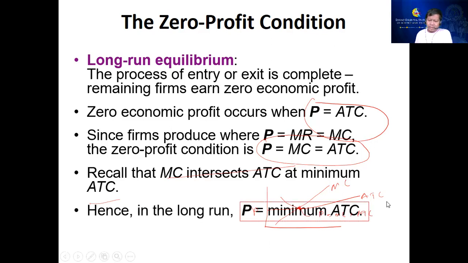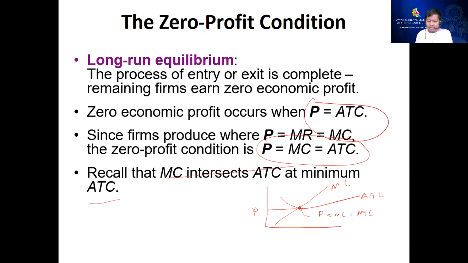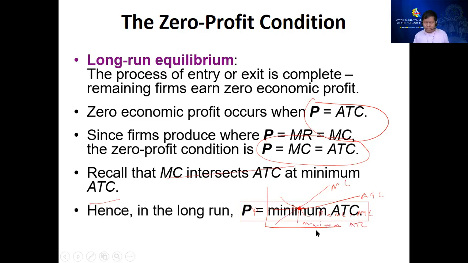Hence in the long run, the P equals minimum ATC, no? Balik ko kanina, in the long run, ang P equals minimum ATC. Minimum man sa ATC diri. Di ba, pinakababa sa ATC is minimum ATC. Okay? So hence, in the long run, price equals minimum ATC.